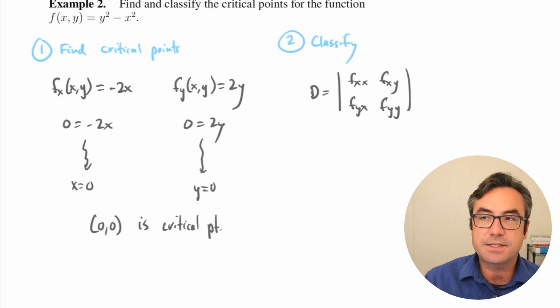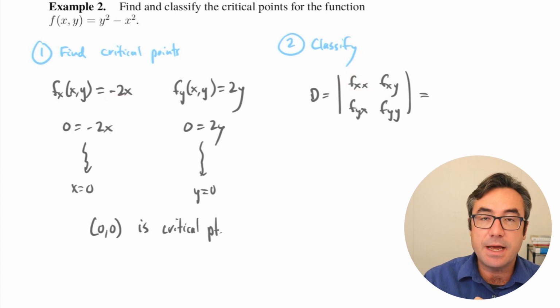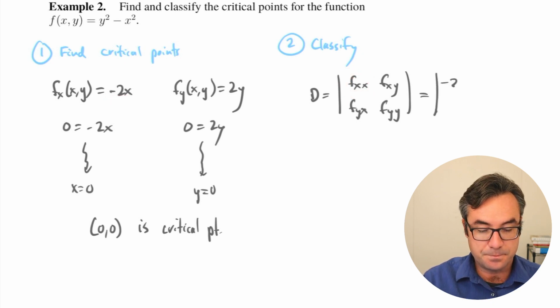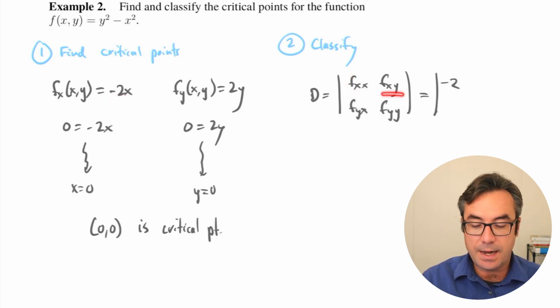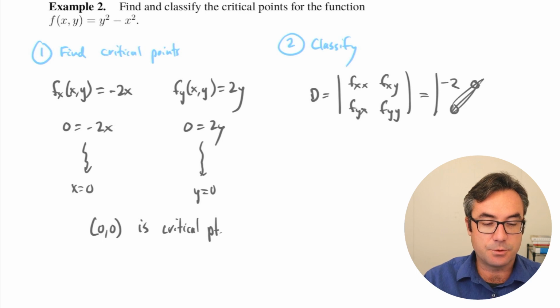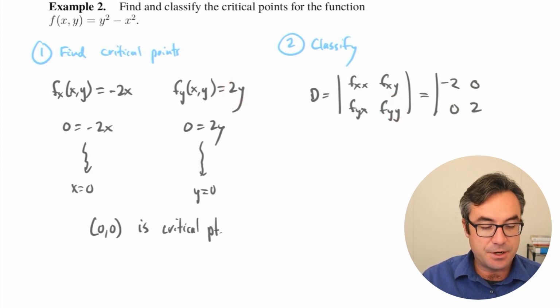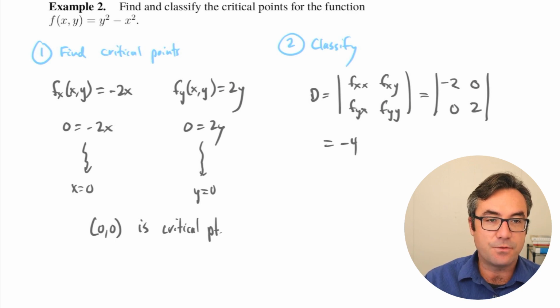Now let's calculate our second order partial derivatives. f double x is going to be negative 2. fxy is going to be 0, and same thing for fyx, these are always going to be the same. And then for the last part, we need f double y, and that partial derivative is going to be 2. So when we do this, we end up with negative 4.